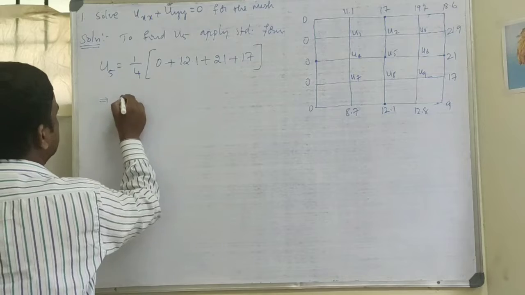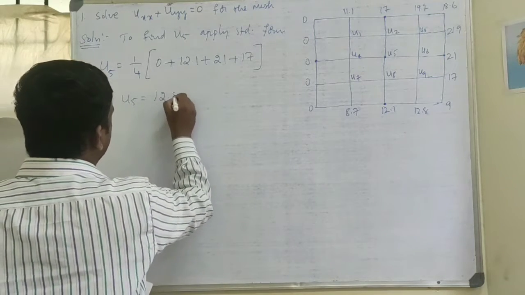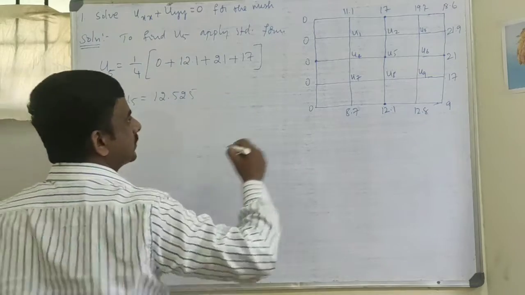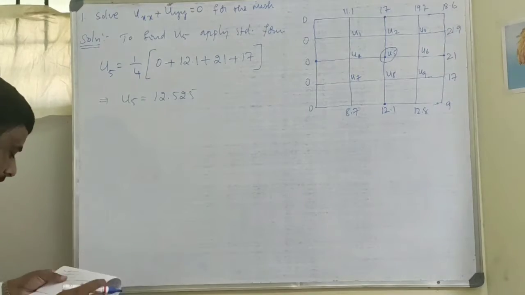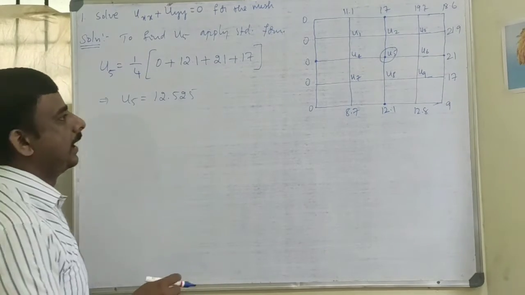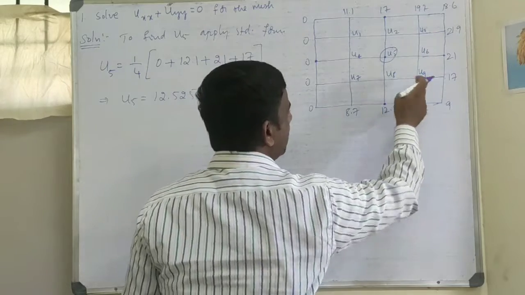So u5 is 12.525. So we computed this, 12.525. Next, I want to compute these values u1, u3, u7, u9.